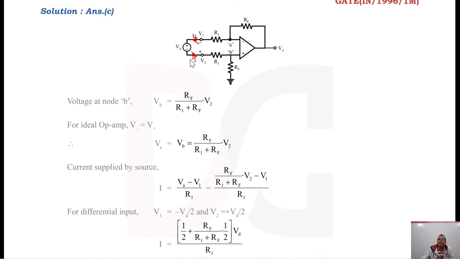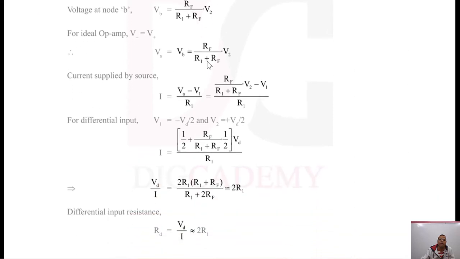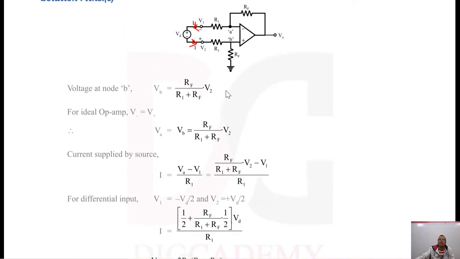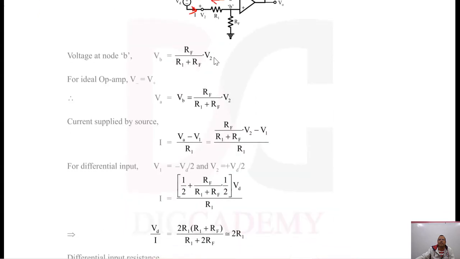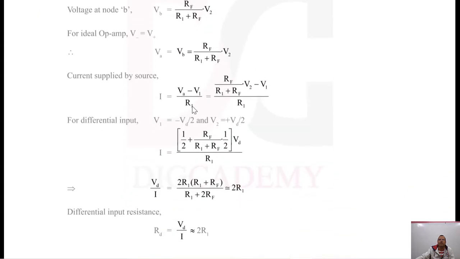So I will be taking that same direction which was given in the circuit initially. So VA minus V1 will be the current in this direction. Remember this. Fine. VA minus V1 by R1 is the current in this direction. So VA minus V1 by R1. VA we have already obtained.